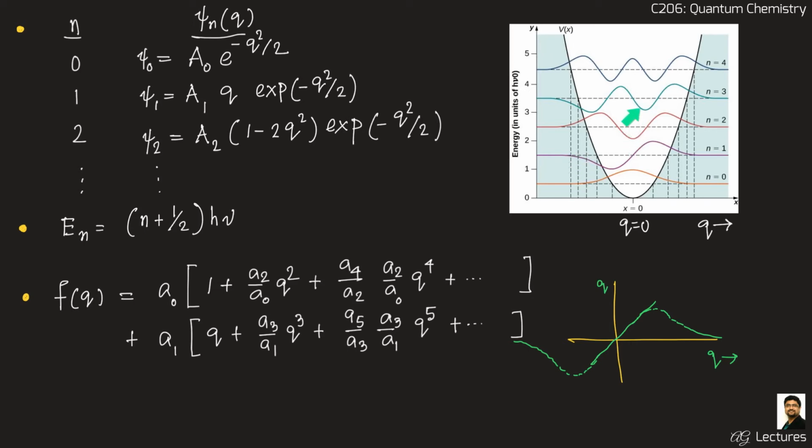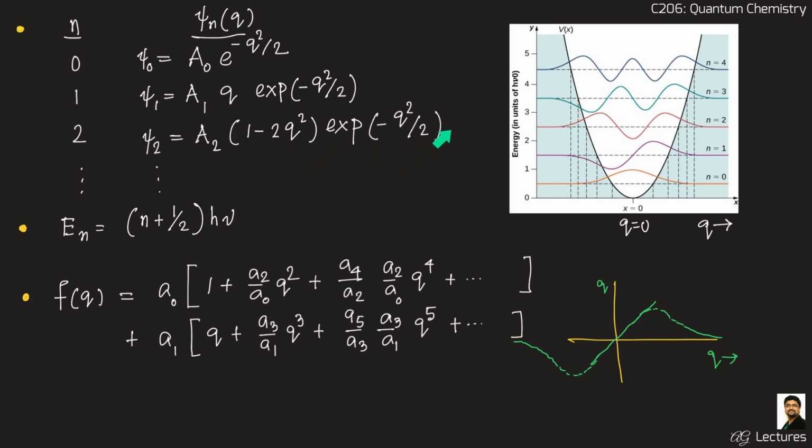So basically all you have to do is first plot the polynomial, and this end part of the polynomial is when q or x is reaching towards the classically forbidden limit.